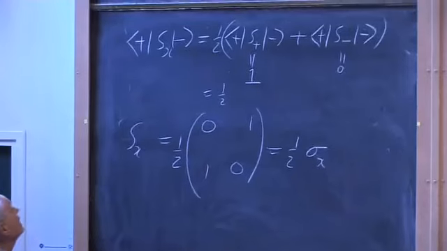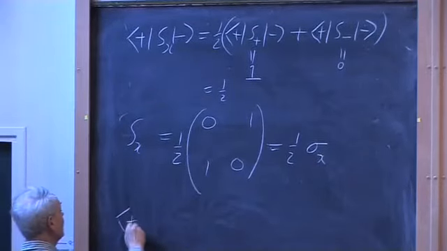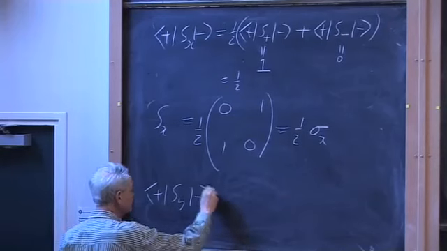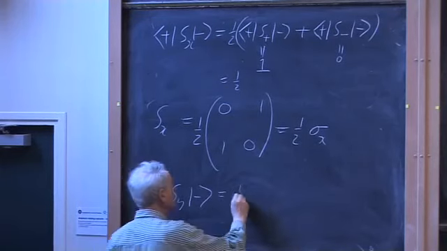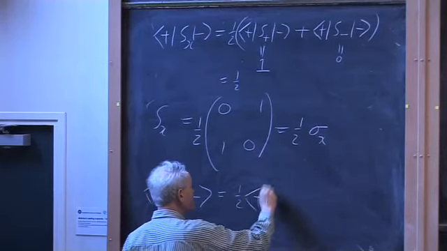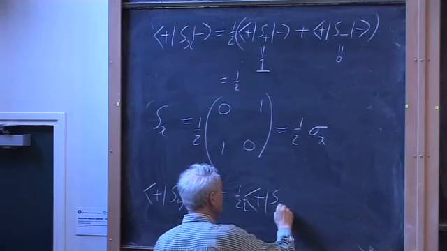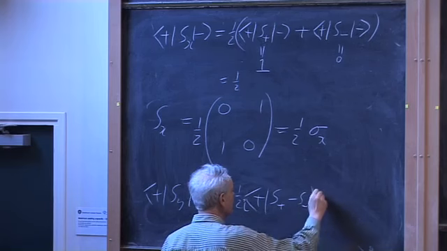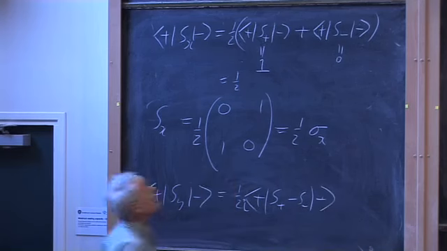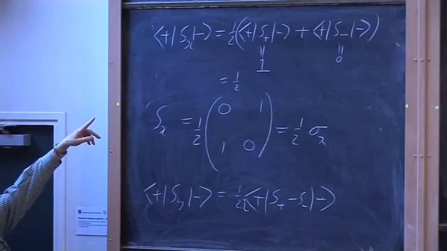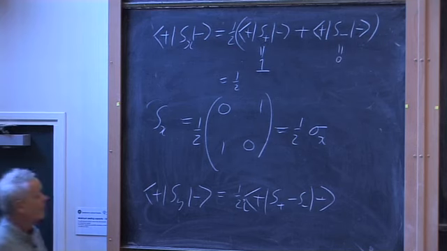And when we do the same thing to find out what Sy is, we write this as a half of plus, 1 over 2i of S plus minus S minus, right? Because if you take the difference of Sx plus iSy and Sx minus iSy, you will end up with 2i Sy.